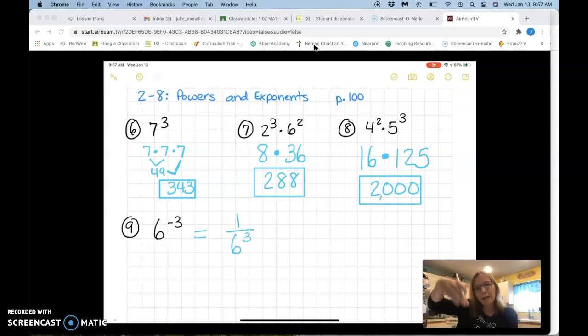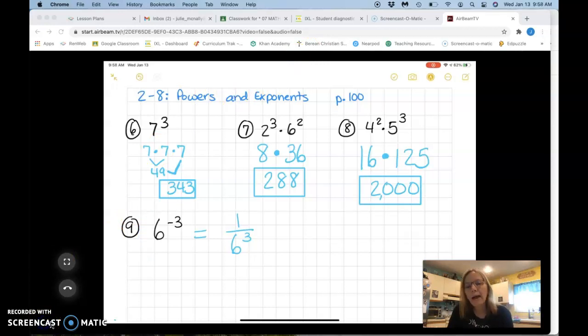So when we send that exponent below the fraction bar, the negative goes away because we're essentially multiplying 6 to the negative third times itself, basically, which is going to equal a 1 on top. And then on the bottom, it's going to give us that positive 6 to the third power, okay?